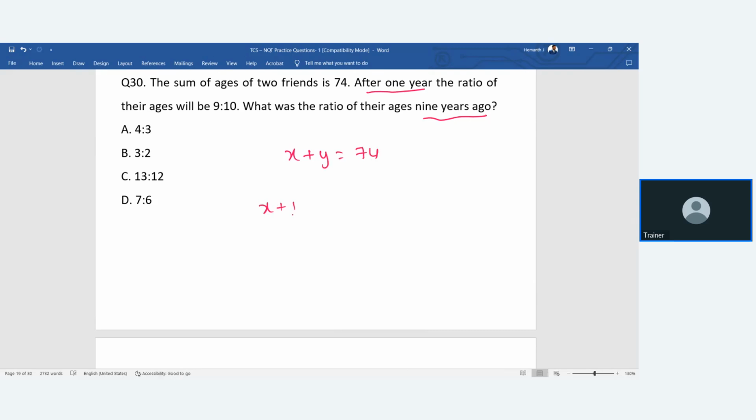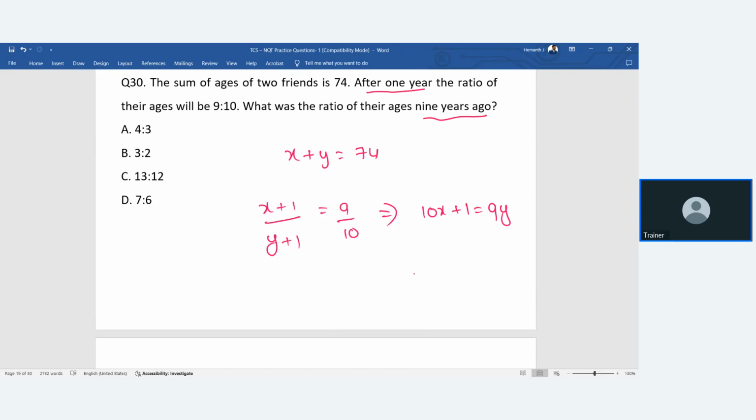X after 1 year, y after 1 year is 9 by 10. Now we got one equation, a relation between these two. So this is 10x plus 1 equal to 9y.